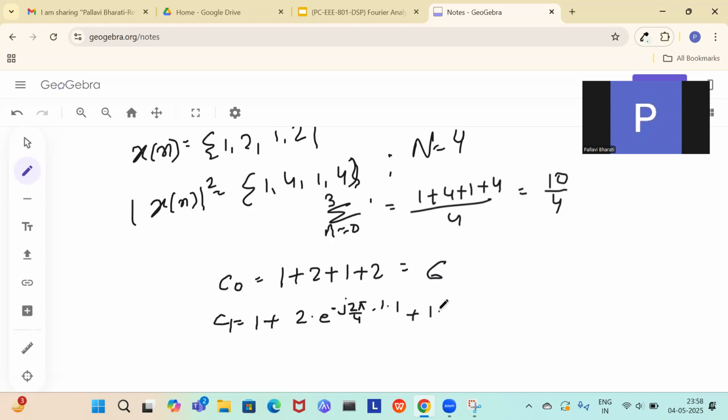Then 1 into e to the power minus j 2 pi by 4, k in this case is 1, but n is 2. And then you have again 2 into e to the power minus j 2 pi by 4, where n is 3 and k is again 1.